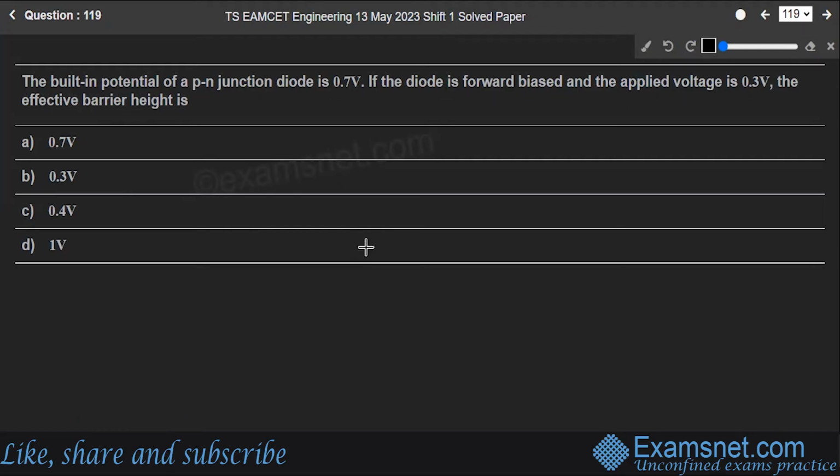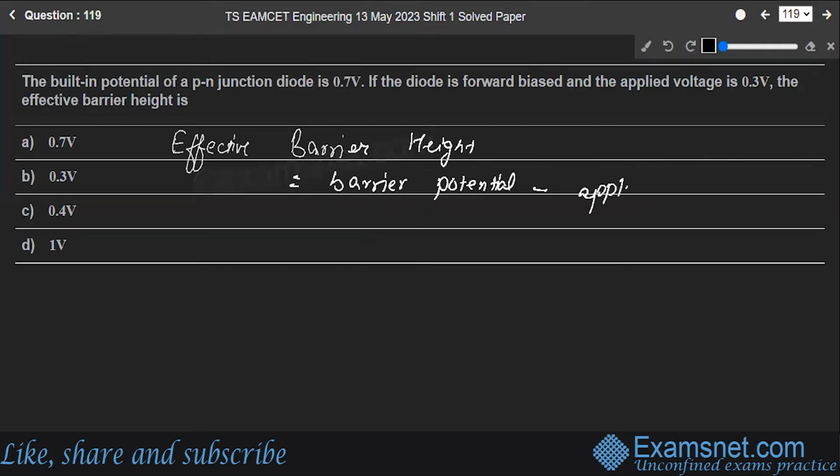Okay, see, the effective barrier height is given by the barrier potential minus the applied voltage.